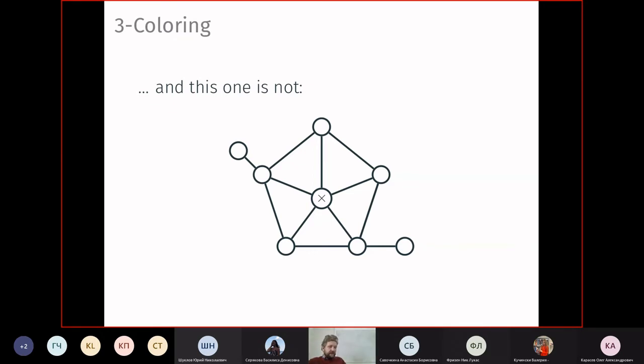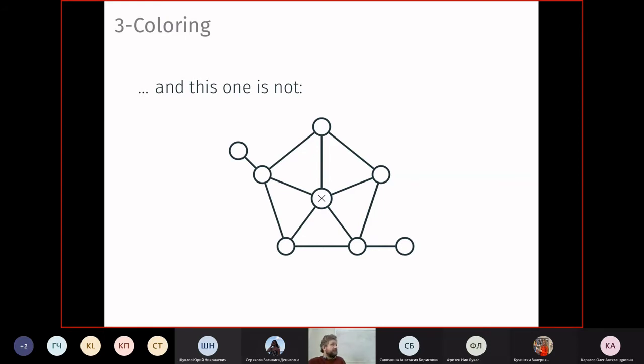Because connected vertices should have different colors, as we know. And here there is an odd number of them. So they should interleave, and when you close the cycle, you will get a contradiction. So throughout these 5 vertices, you should have at least 3 colors. But then the vertex in the center should have a 4th color. Otherwise, there will be an edge with the same color on both ends.